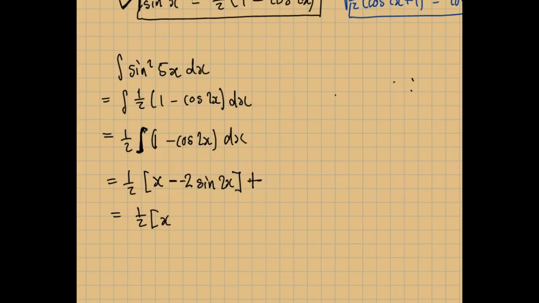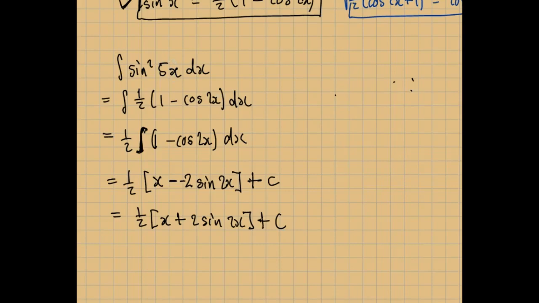Remember to add the constant of integration. Never forget it, as long as it's an indefinite integral. This becomes x plus 2 sine 2x. But if you notice, we had made a big mistake, in that this was not an x, but it was a 5x.